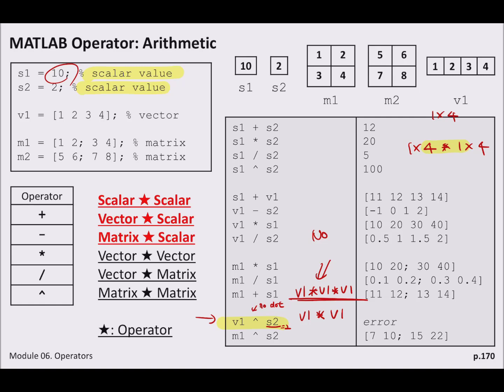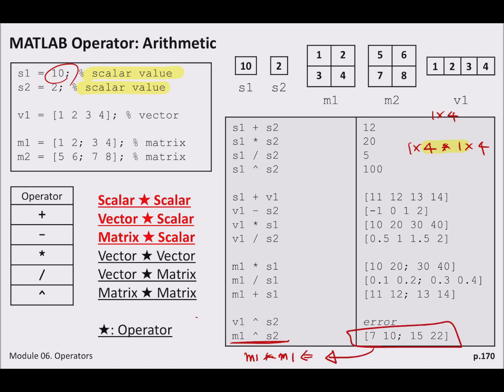So how about this one? S2 means M1 multiplied by M1. It's a matrix multiplication. In that case, M1 is a 2 by 2 square matrix. That's why it is working. Does it make sense?